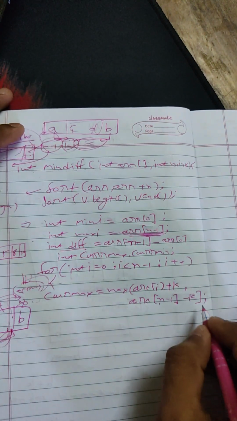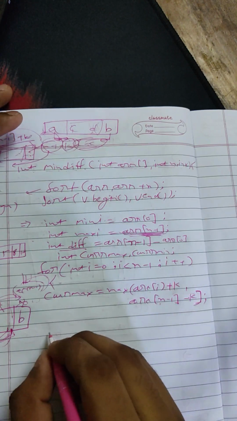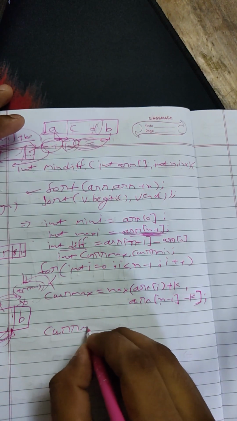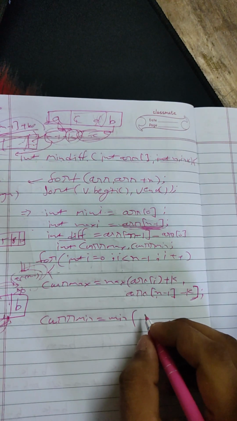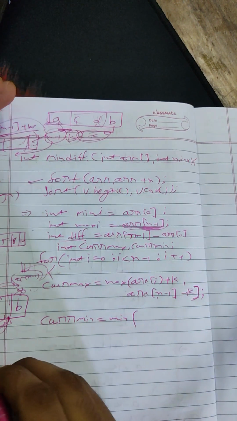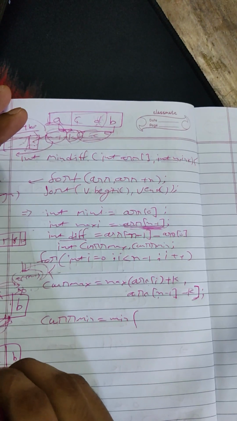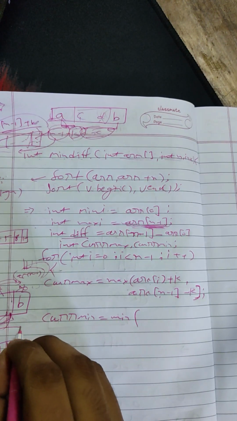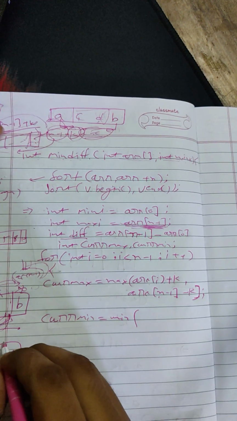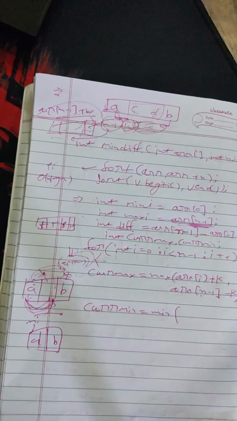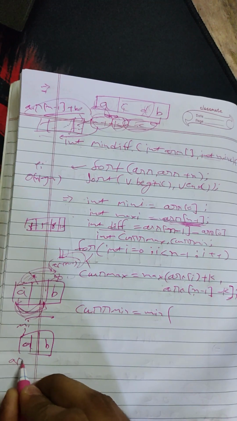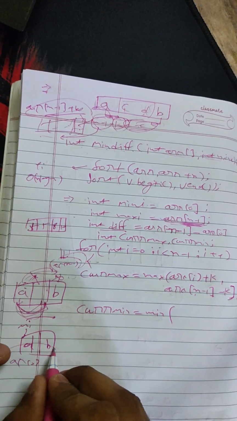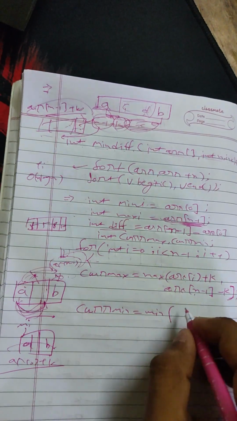Now current min is the min of these two. We have to go in that direction, but we are not including arr of 0 here because we have to move to the right side, so it is arr of 0 plus k.